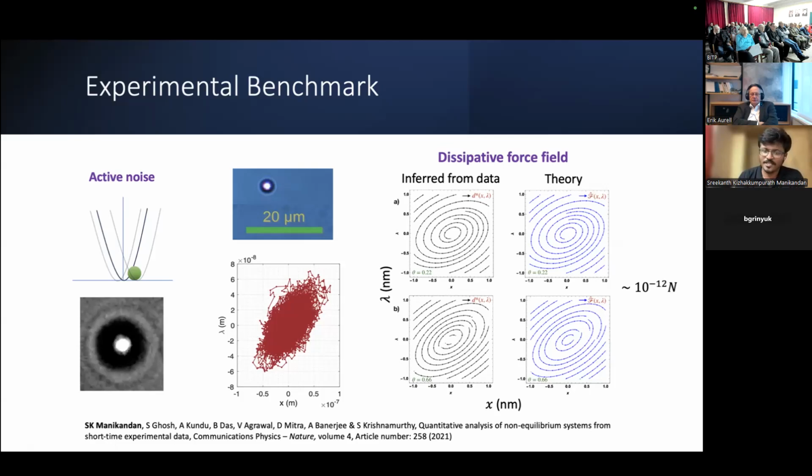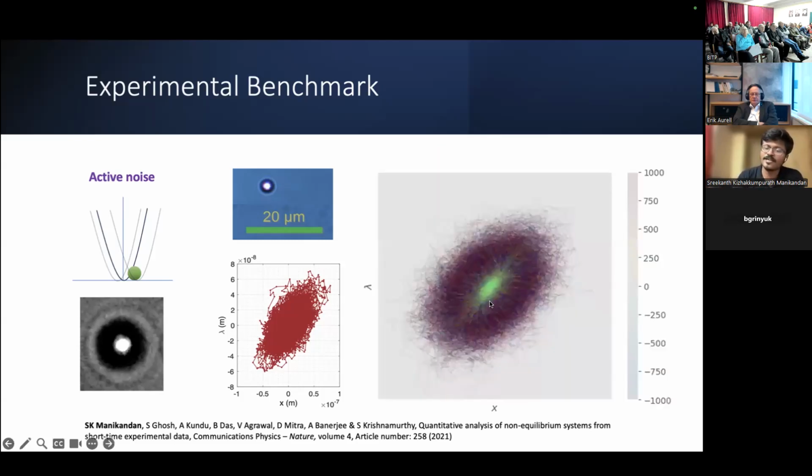And not only that, you can now take the knowledge of this force field that you learned from the data, put it back on the trajectory, and then identify where and when dissipation is happening. So I can now color the trajectory that you see on the left-hand side by the value of dissipation at that point.